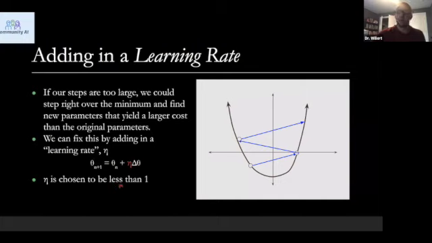Commonly, you might see eta equals 0.01, 1/100th, which is a very common value for eta, or maybe 1/1000th. Essentially, it forces us to take much smaller steps, but that ensures that we don't overstep our minimum. It has a tendency to increase the convergence rate when it's done correctly, and it prevents us from bouncing back and forth and back and forth.